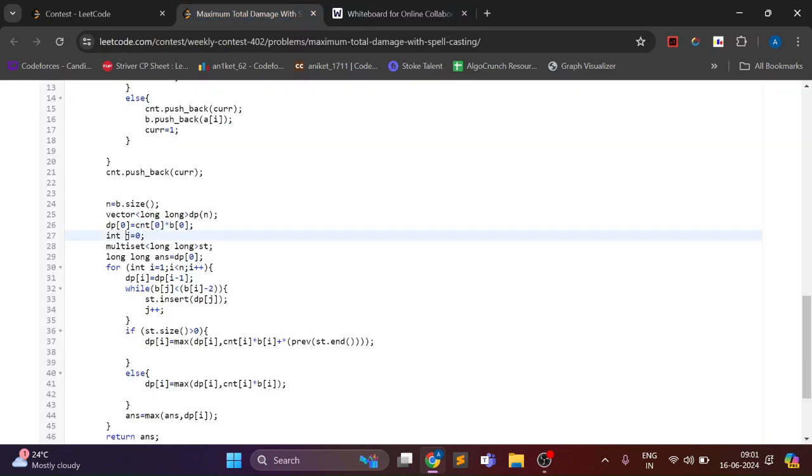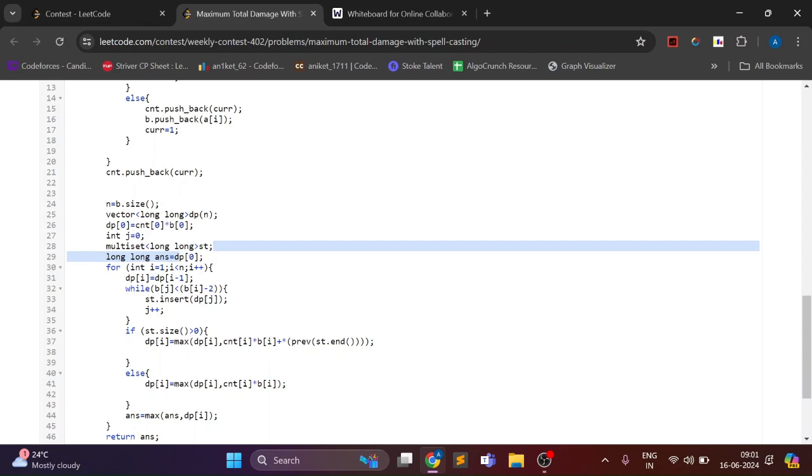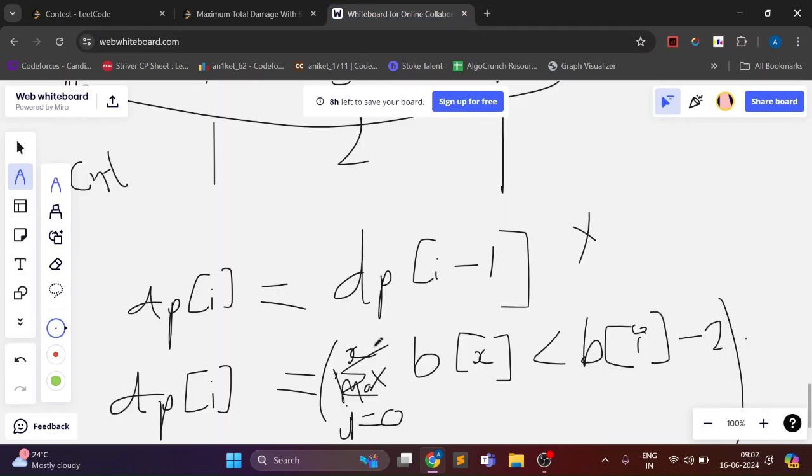Then I have declared a pointer j and a multiset. So j is representing the max value of x, the maximum index such that b of j is less than b of i minus 2.